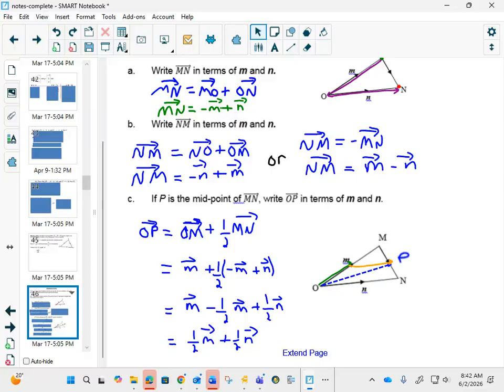Later on, we're going to imagine MN as being a line that goes on forever. With this same logic, can you see that you could get the robot anywhere along that line? By just doing some scalar multiple to get to M, and then just doing some scalar multiple along that. And with that, we are going to redefine the equation of a line with vectors in two dimensions.